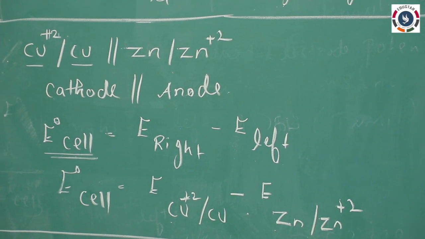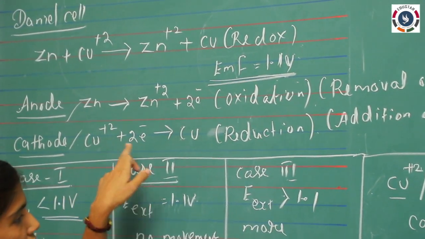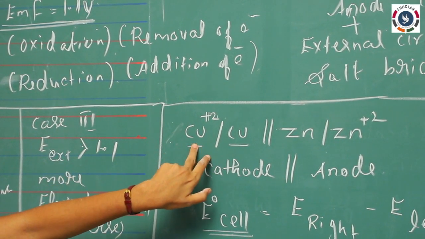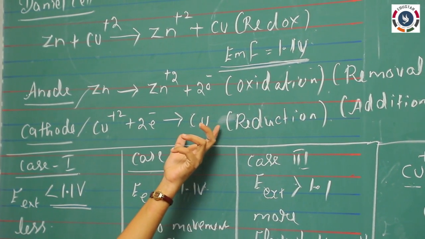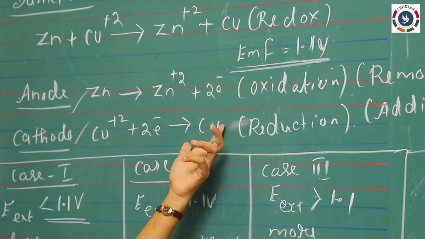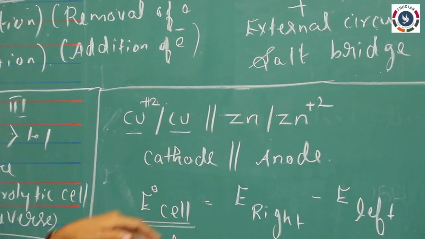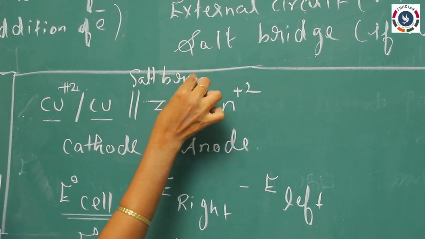Copper is originally present as copper ions. The original ions I have written first, separated by a single line. Later I have given the product, what we get after the reaction happens, that is copper, so I have written it second. The 2 lines indicate the salt bridge.